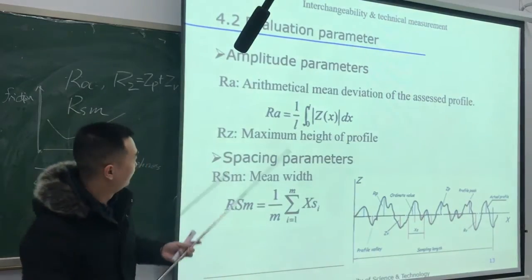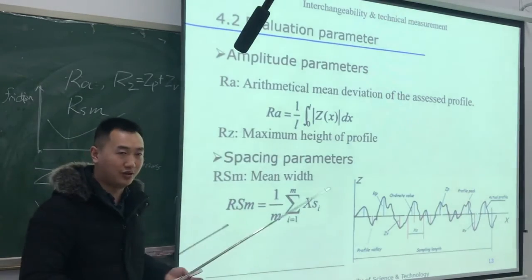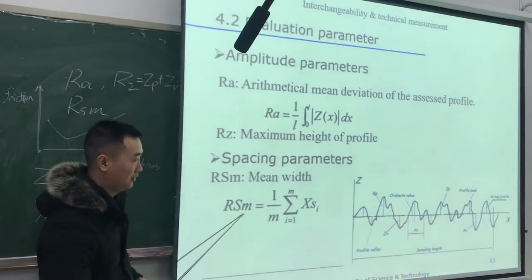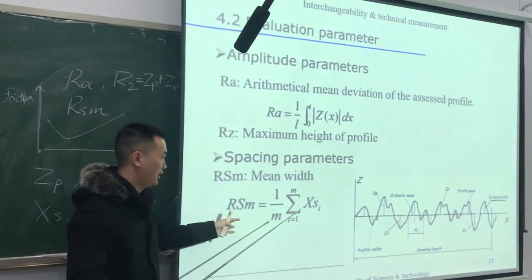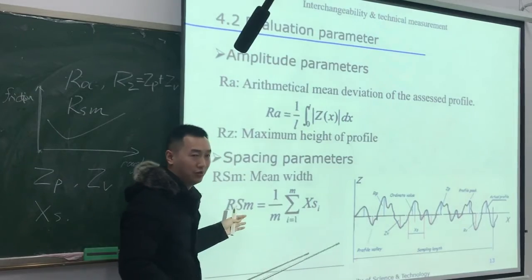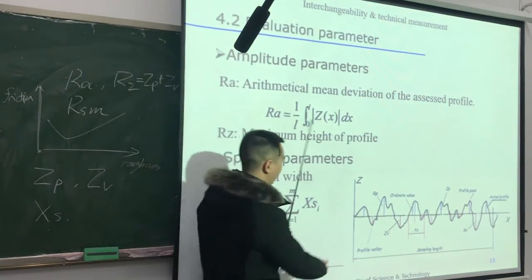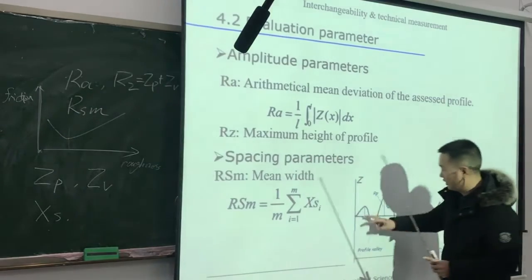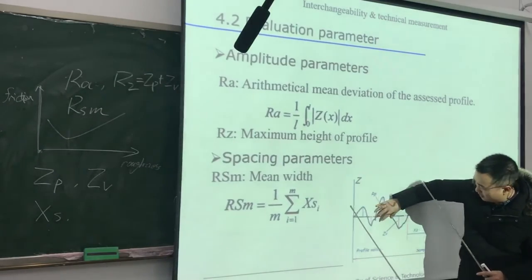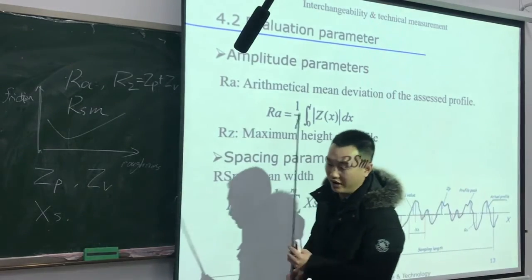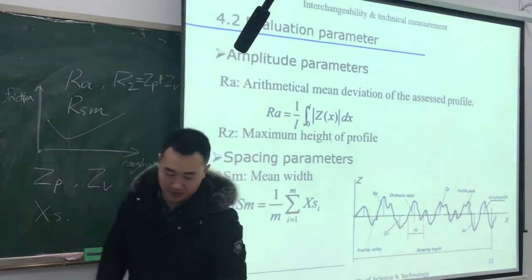So for these two values, clearly the smaller the better. How about this one? In fact, for this one it is also the smaller the better, because you want the peaks and valleys to be tighter, and then it will have better performance.